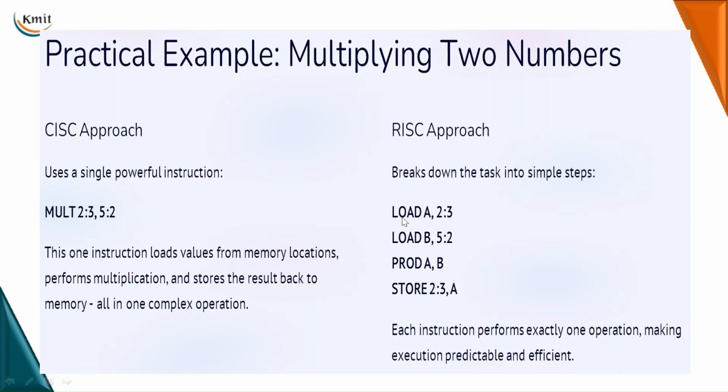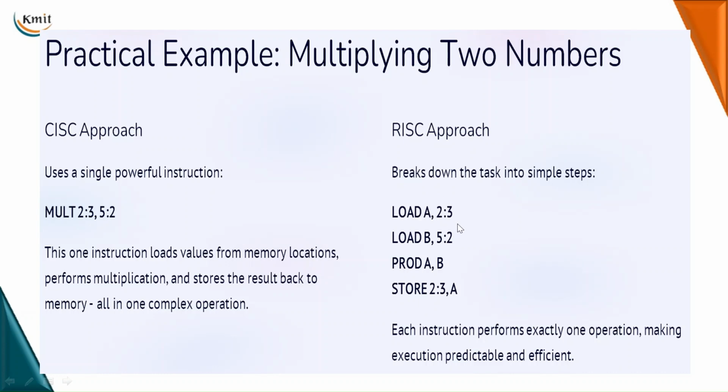So, in case of a RISC approach, first the operands have to be loaded into particular registers, and then an operation has to be performed. As we know, RISC does not perform operations directly on the memory, so the operands have to be loaded into the corresponding registers.